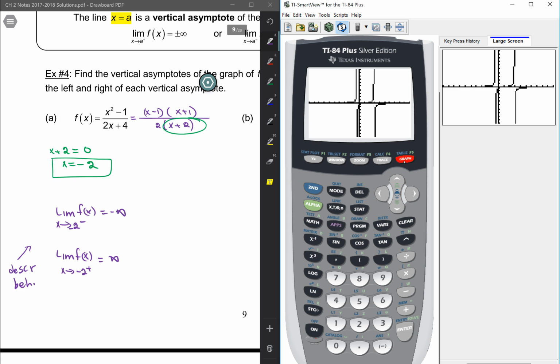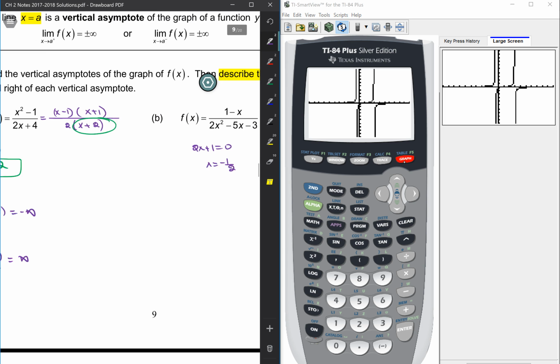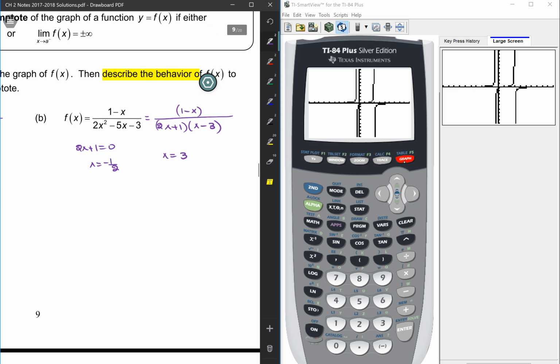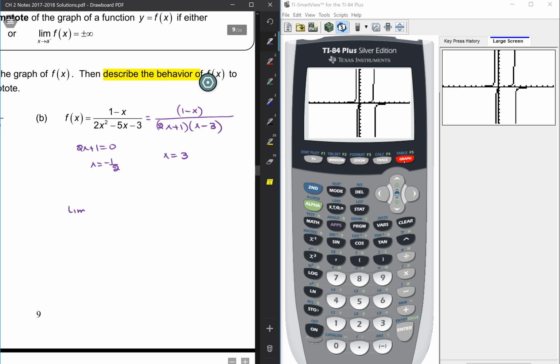Okay, so when you graph, you'll see that it looks like this. So for the behavior, we have the limit of f of x as x approaches negative a half from the minus side. That's positive infinity.